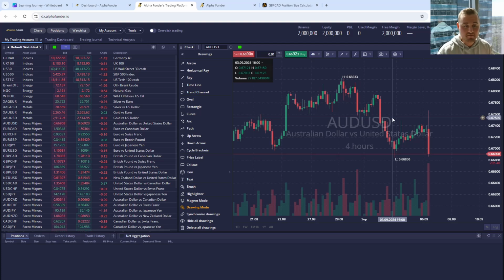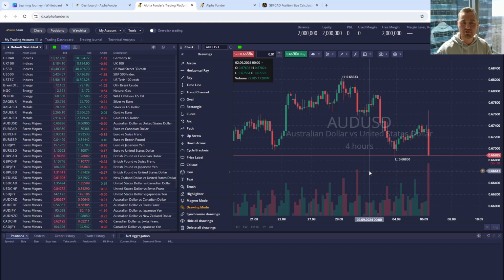All right, so that's kind of how we can use correlation to predict future prices. Let's just say that we have a potential setup on AUD USD, and let's just say Euro USD is completely mooning. It's pushing up and it's just going long. If we have a setup on AUD USD for a potential long opportunity, that could provide further confluence to take that trade because we're using correlation to predict future price.